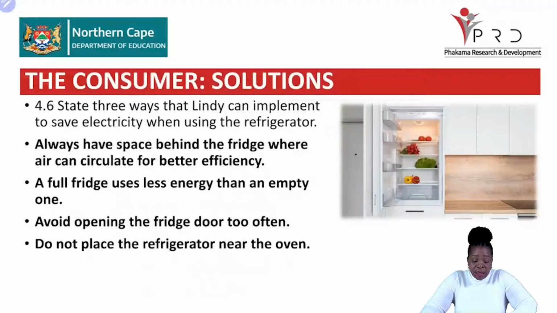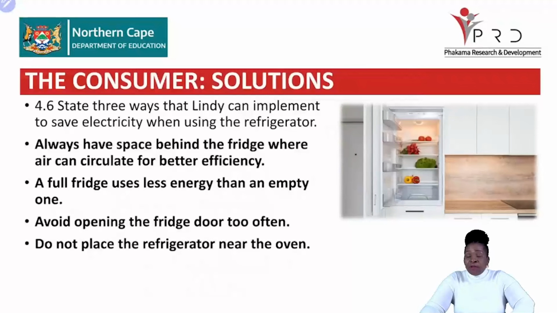And our answer is, always have space behind the fridge where the air can circulate for better efficiency. For the fridge to function efficiently, there has to be space between the fridge and the wall that you are placing your fridge against.